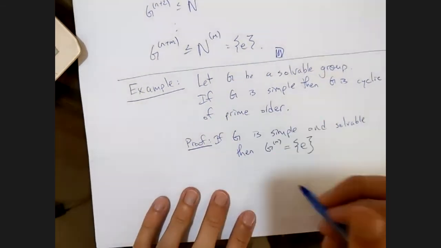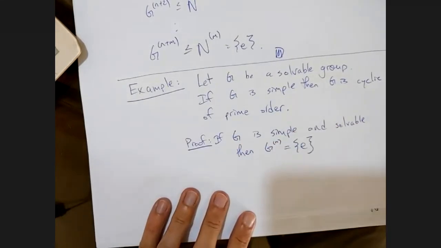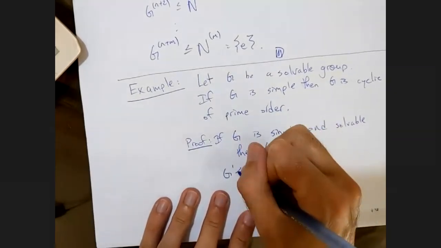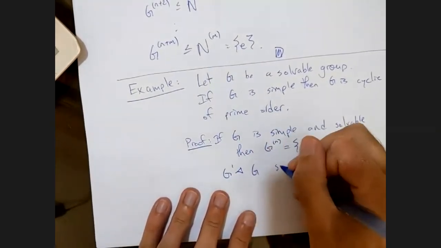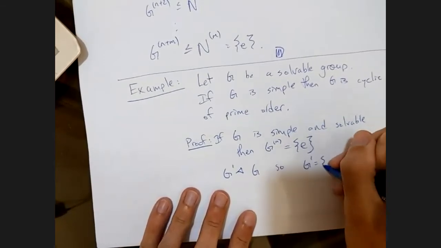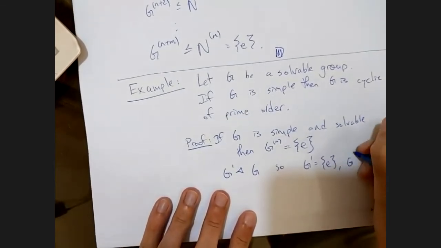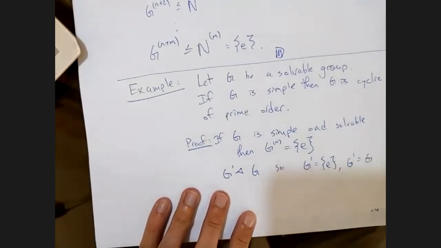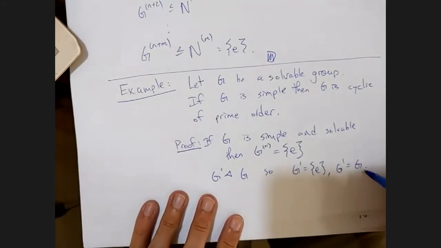But G prime is normal in G. So either G prime is trivial or G prime is the entire group, because G is simple, its only normal subgroups are the entire thing or the trivial subgroup.